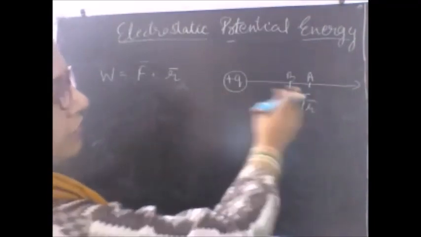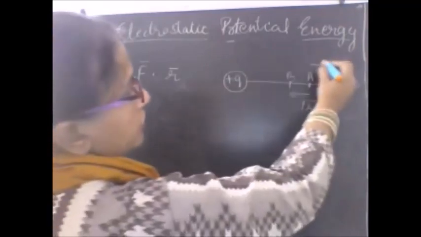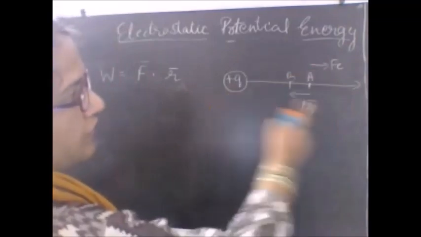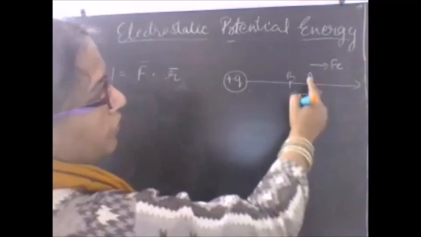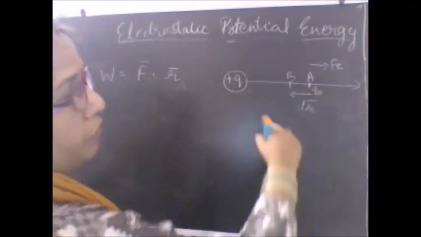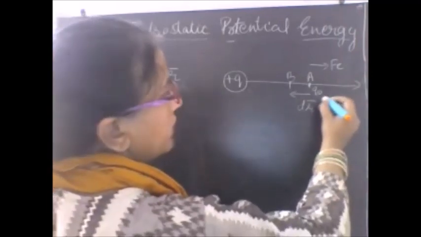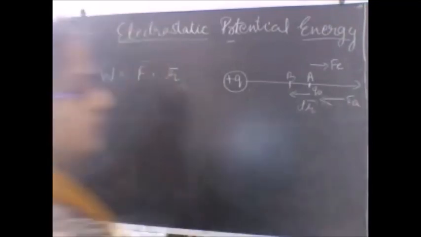Now what are the different forces acting on the charge here? One is the electrostatic force, which is acting in this direction, exerted by the source charge, and to move the particle Q naught from point A to B, I need to apply a force from outside, and we call that force the applied force. So this is the applied force here.